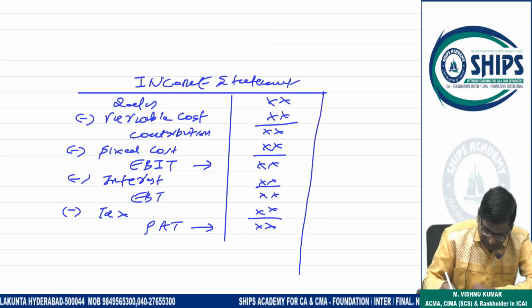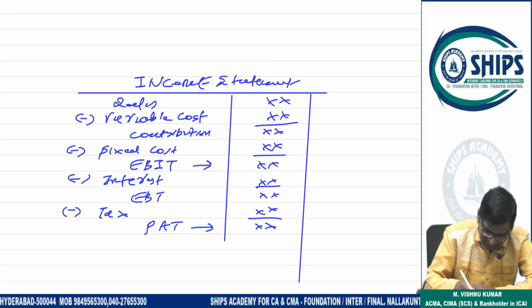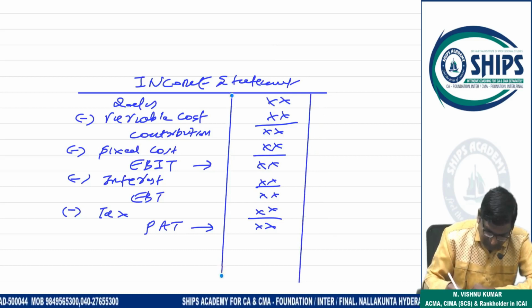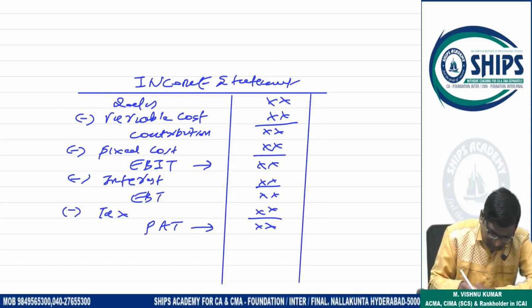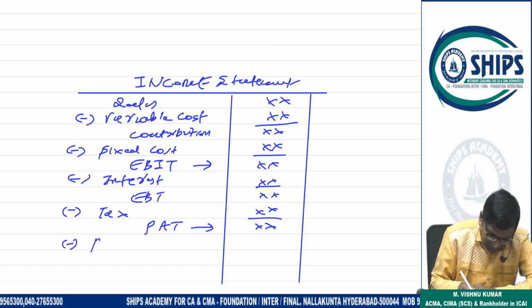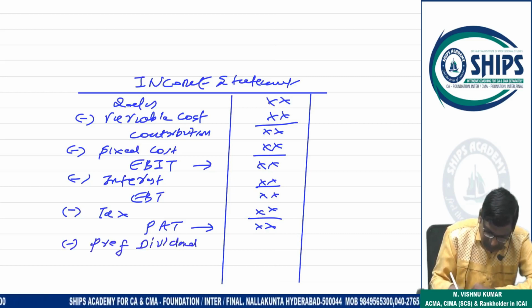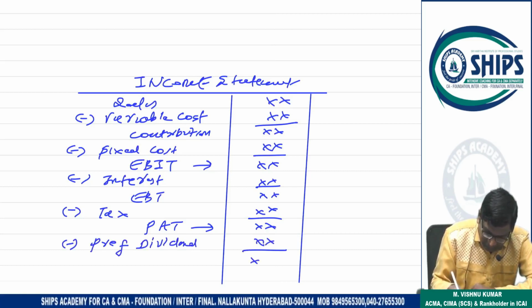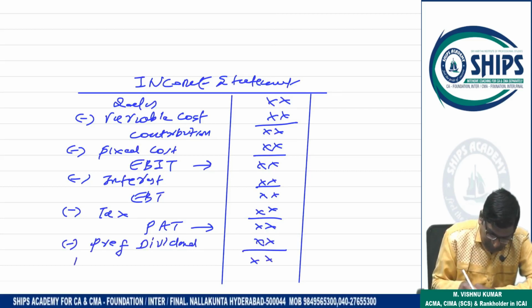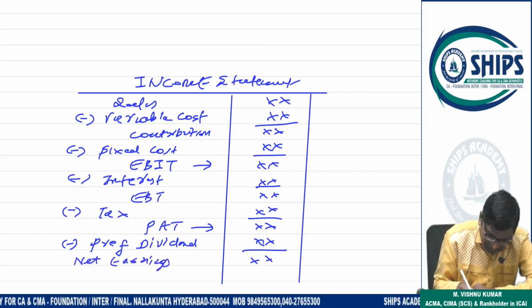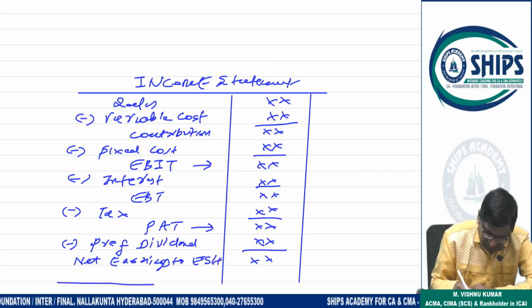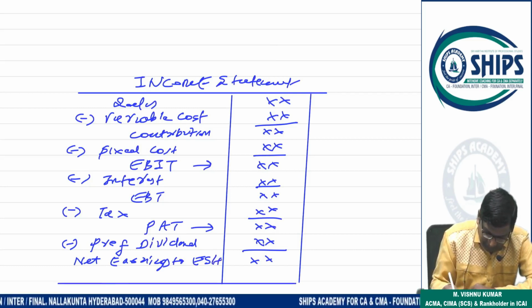Thereafter, minus preference dividend. This is called net earnings to equity shareholder. Why is net earnings to equity shareholder calculated?